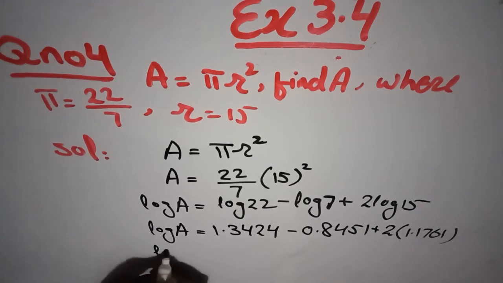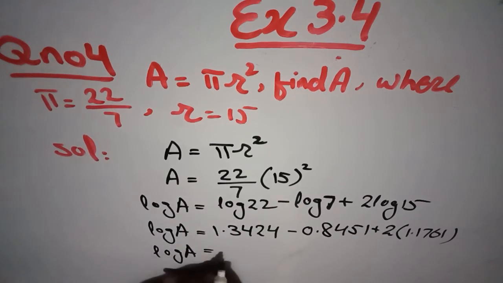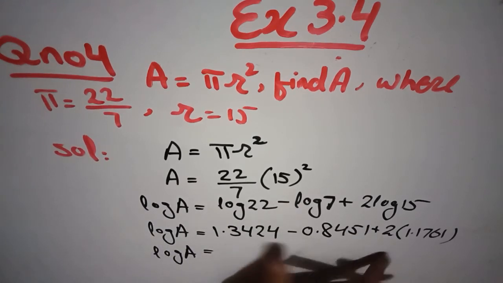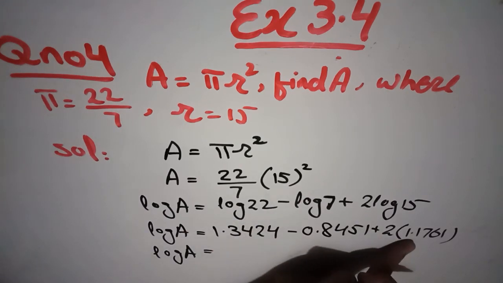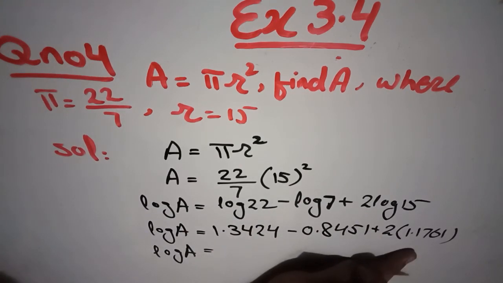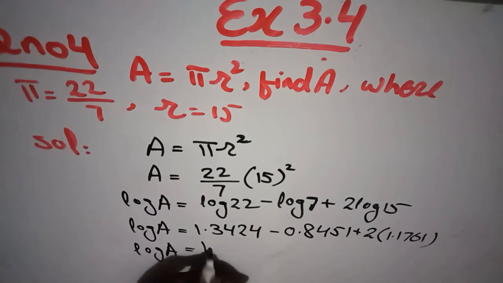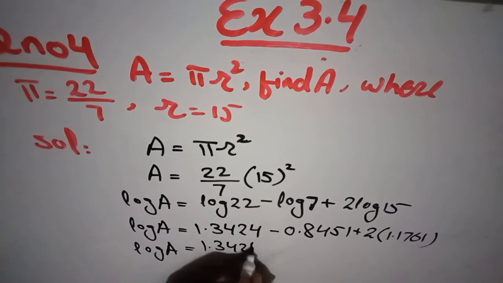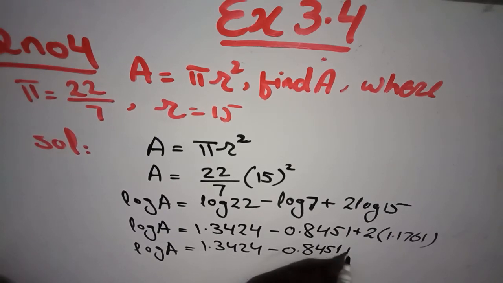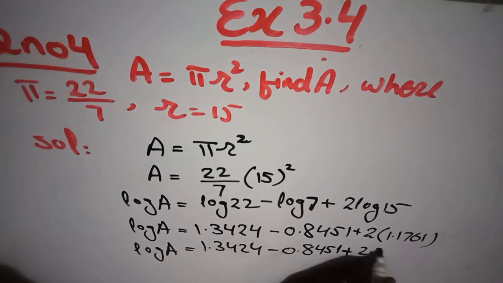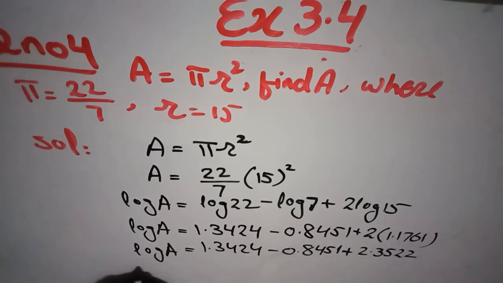So now simplify it, by adding these values and subtracting from this value. Okay, now multiply 2 with this, writing all the values as they are, giving 2.3522.